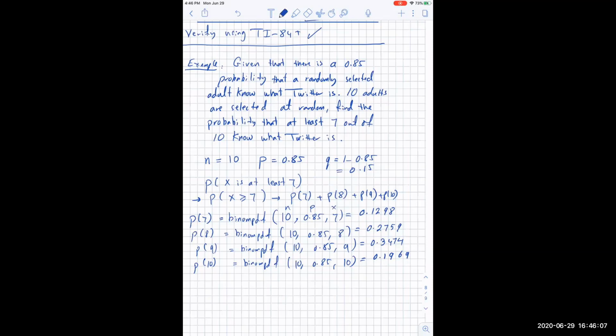And then I'm going to add these values to get the probability of at least 7 to 10.